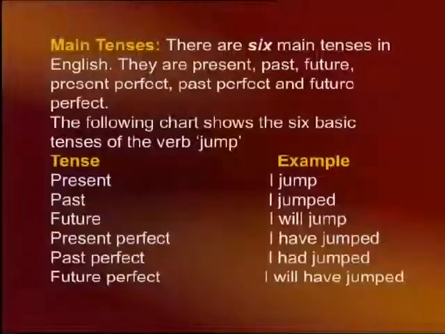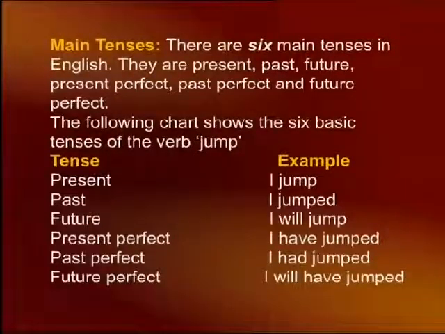Now, there are six main tenses in English. They are present, past, future, present perfect, past perfect, and future perfect. And there is a chart on your screen that shows the basic tenses of the verb jump. Present tense, I jump.